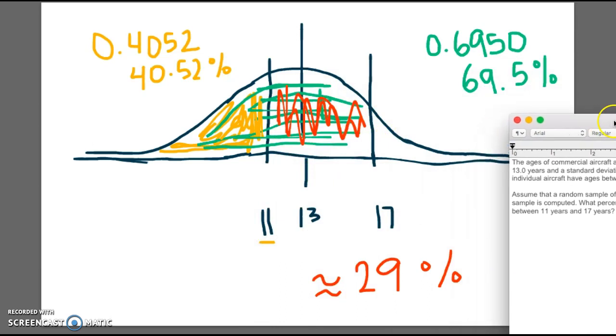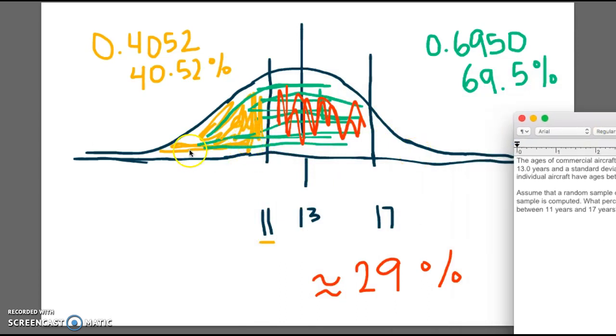So we figured out that ages less than 11 is 40.52%. Ages less than 17, about 70% of aircraft are less than 17 years of age. So if we want to find the age between 11 and 17, we subtract: about 29% of aircraft have ages between 11 and 17 years of age.